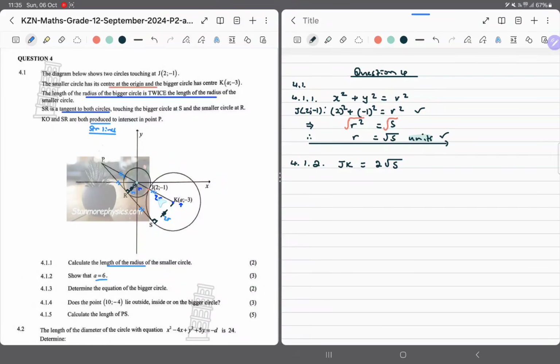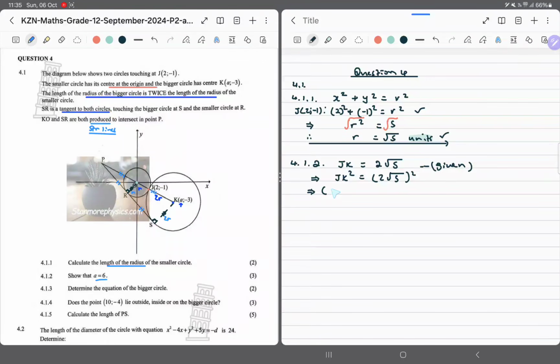Because we were told that this is 2 times that radius. That was given. Already we are making a substitution, so if you need convincing, you know that that was given. Now this implies that JK squared is going to be 2 square root 5 all squared. Why are we squaring? Because we don't want the square root sign interfering with our work.